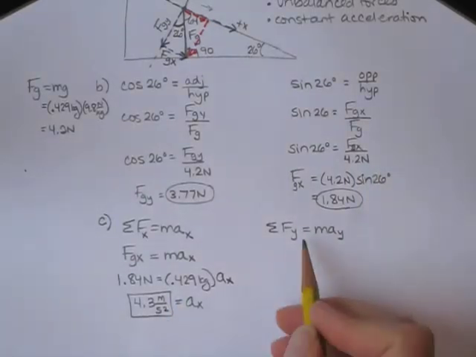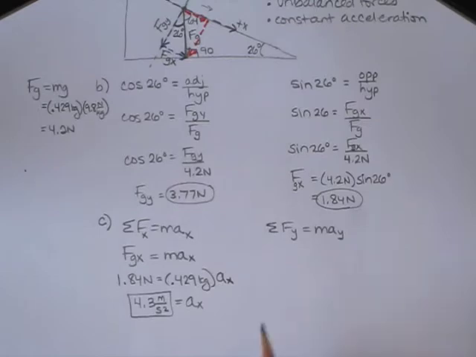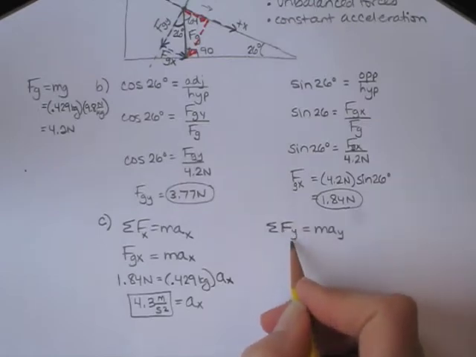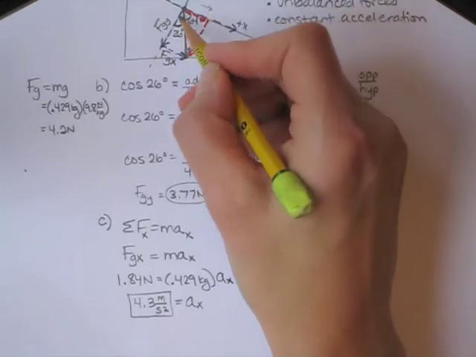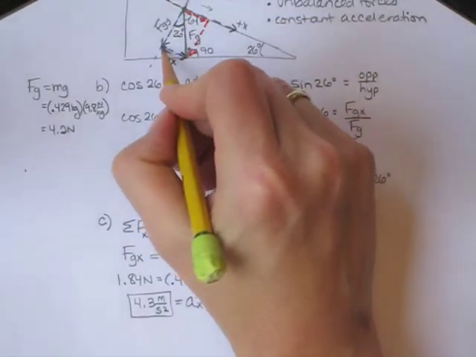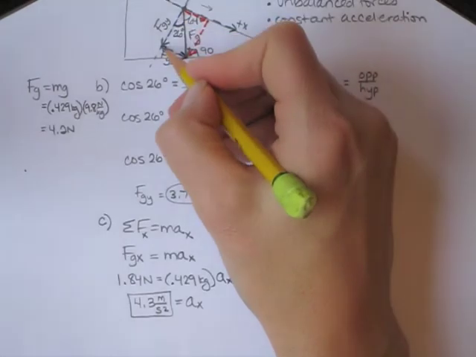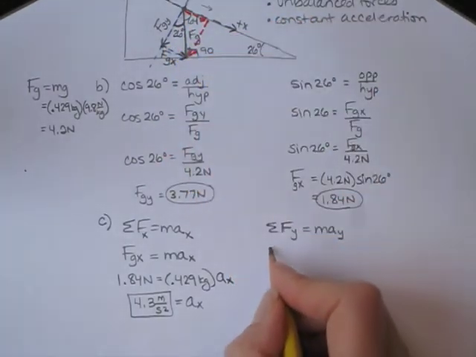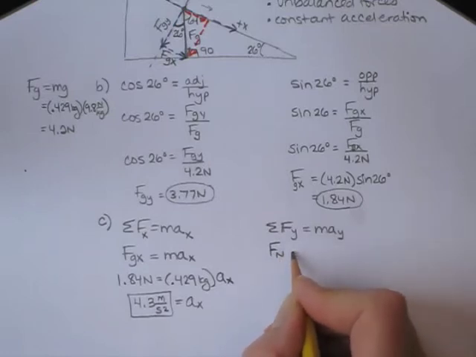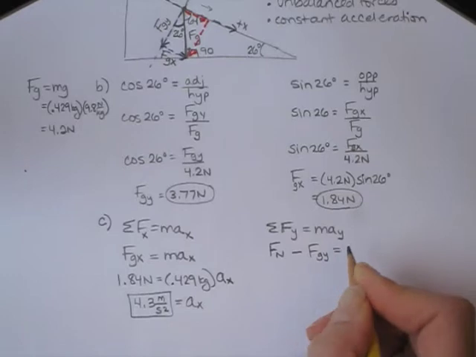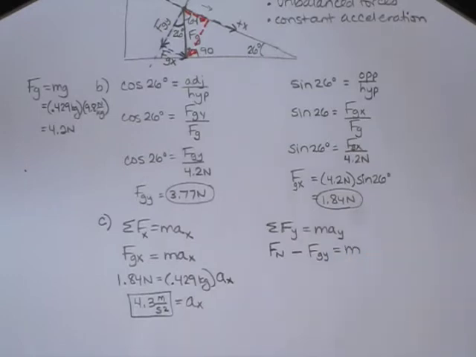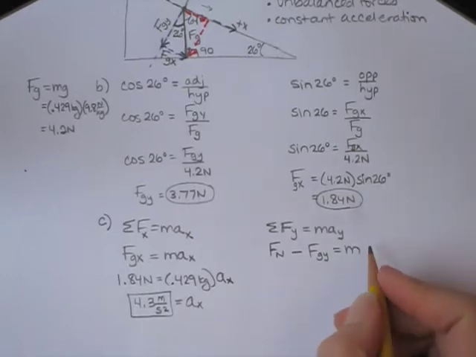Okay, let's see what we can find from this equation. The sum of the y forces. I have two y forces. Fn is upward, Fgy is the opposite direction in the negative y direction. So I would have Fn, okay, all of my positive direction forces, minus all the forces in the negative direction. What's the y direction acceleration?